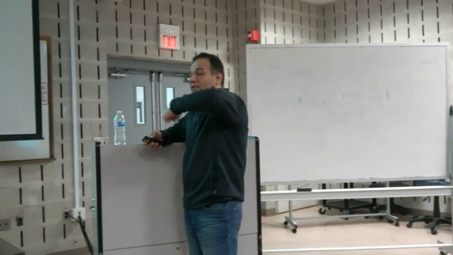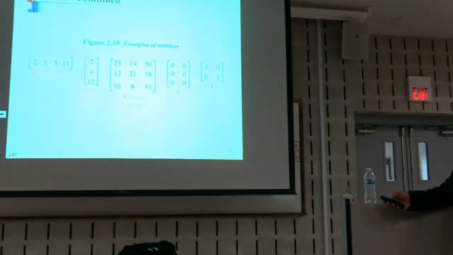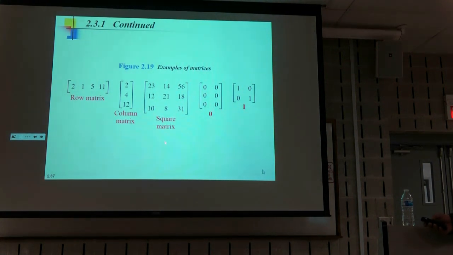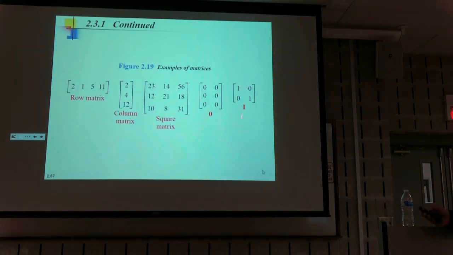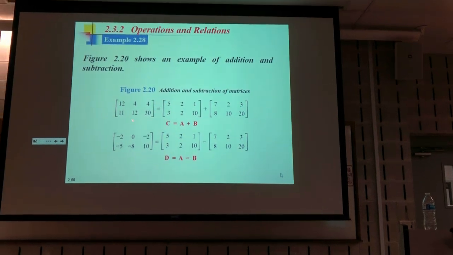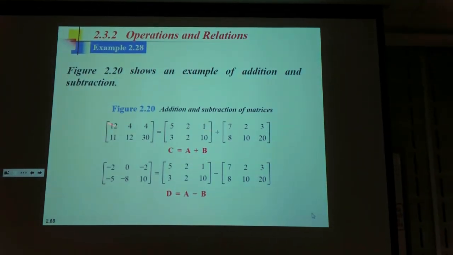Matrices quickly, I might leave it for you to go over, but we have done matrices. We have n columns, and we have to know row matrix, column matrix, square matrix. This is the 0 matrix, and this is the identity matrix. You know how to add matrices together, each element: 5 plus 7 is 12, 4 plus 2, 2 plus 2 is 4, and so on.